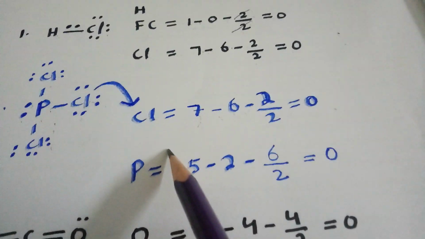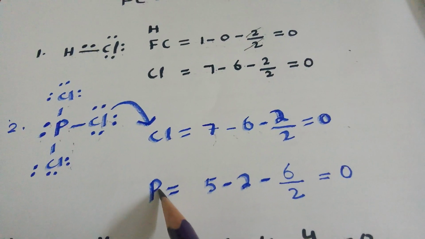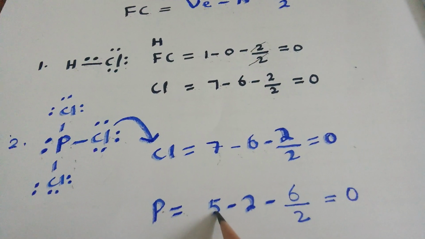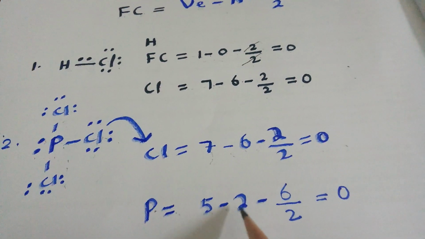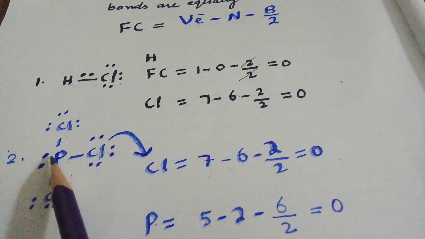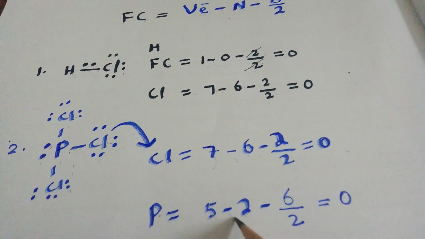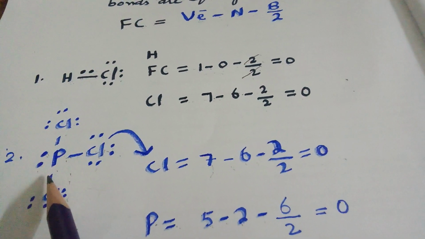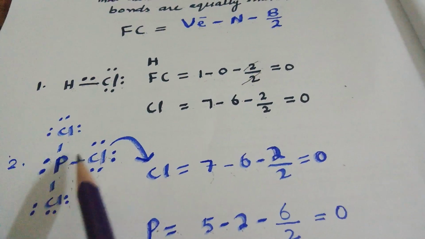Again, you can see here for the phosphorus. The phosphorus element contains 5 electrons in the valence shell. So there is 5 minus 2, because there are 2 non-bonding electrons. You can see that the phosphorus is forming 3 bonds.